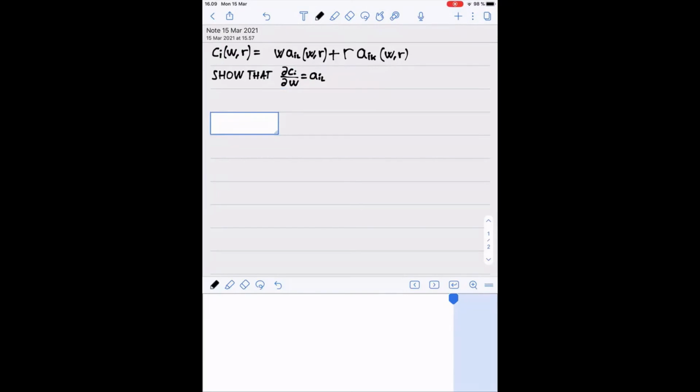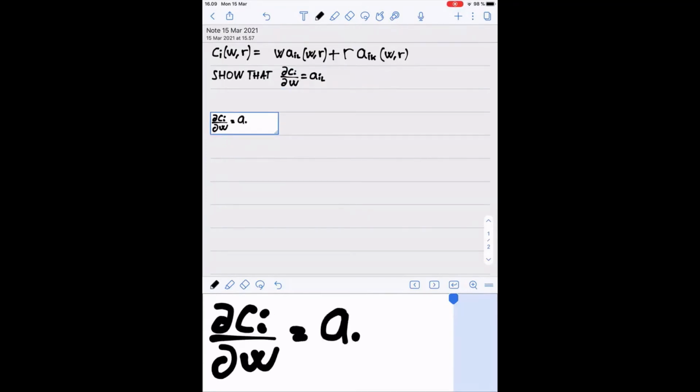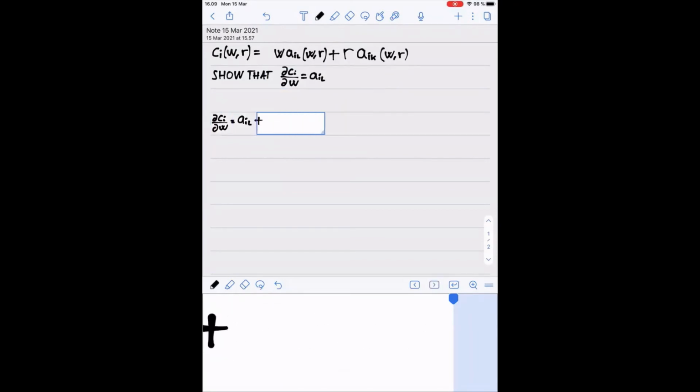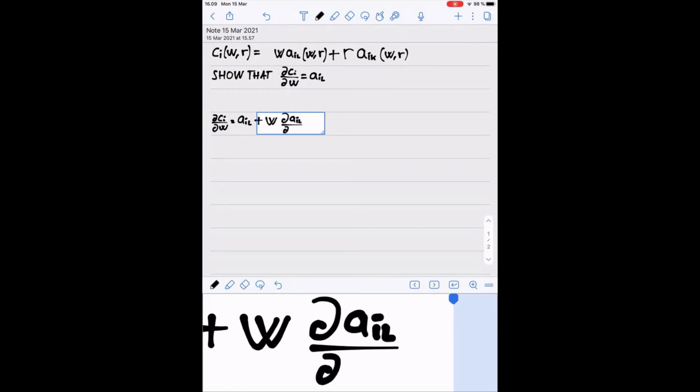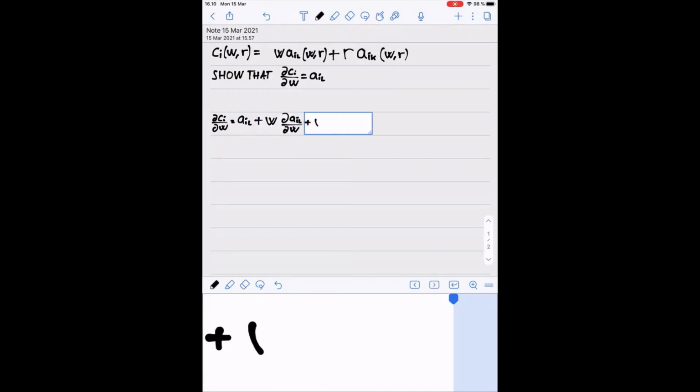So if we take the partial derivative of C_i with respect to the wage, we know that that's equal to a_iL plus the wage times the partial derivative of a_iL with respect to the wage plus the rent on capital times the partial derivative of the unit requirement for capital with respect to the wage.